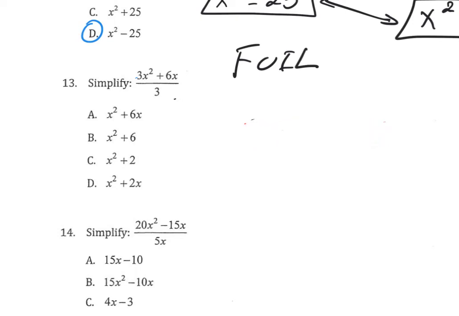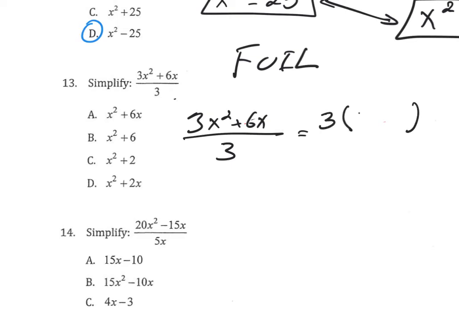So we have 3x squared plus 6x over 3. And we know we can factor by 3 in the numerator here, right? So we have 3 as a common factor, and we're going to come up with x squared plus 2x, right?